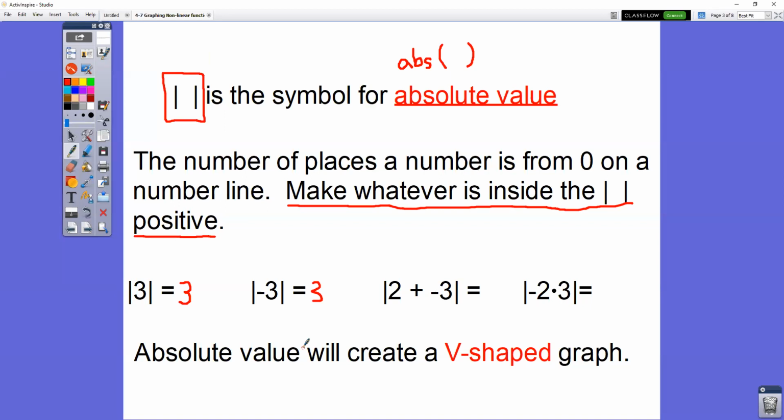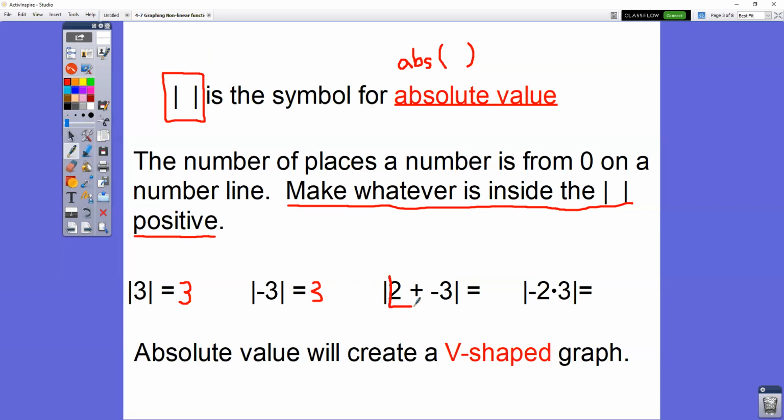The absolute value of -1 is 1. The absolute value of -2 is 2. The absolute value of -5 is 5. The absolute value of -10 is 10. So just take whatever's inside those two straight up and down lines and make it positive. Now you have to be careful of one thing.